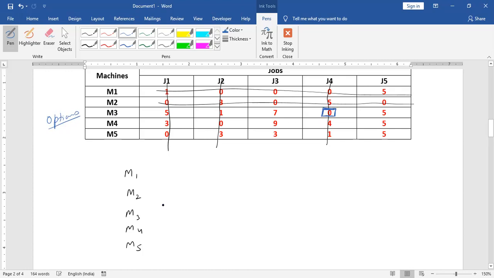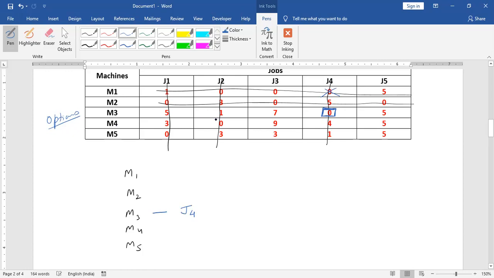So M3 will get J4. If M3 gets J4, that means the other option with J4 is not usable. I will cut that zero because I'm not going to give J4 to M1. Just leave it.